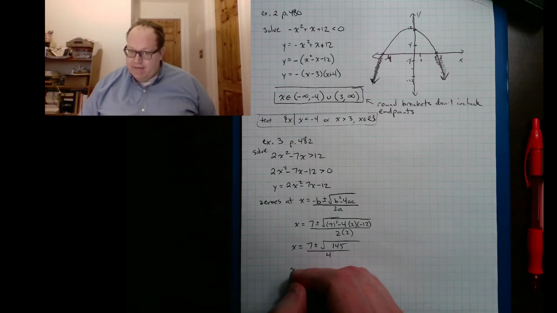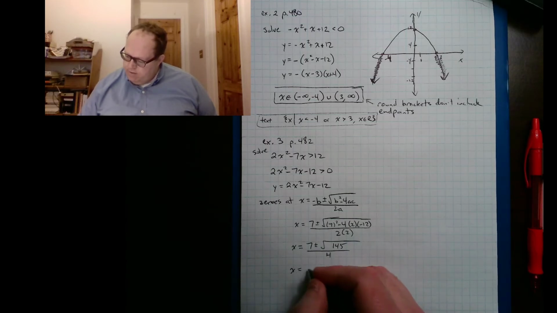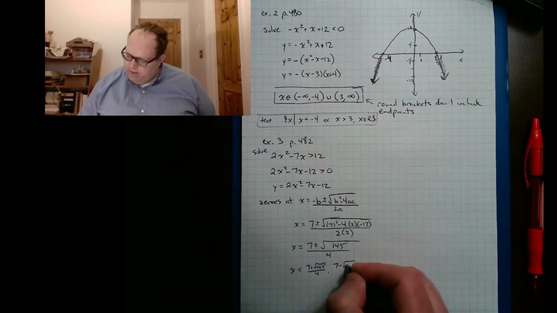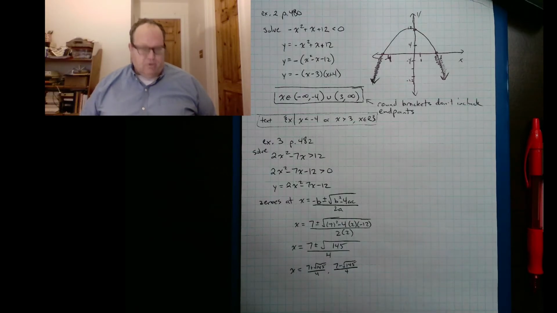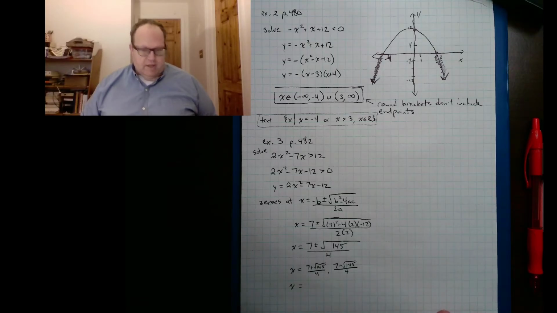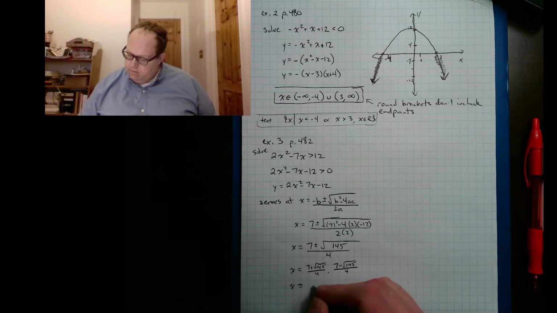So your exact roots of this thing are 7 plus root 145 over 4 and 7 minus root 145 over 4. But in the interests of graphing these, I will state their decimal approximations as 4.8 and negative 1.3.